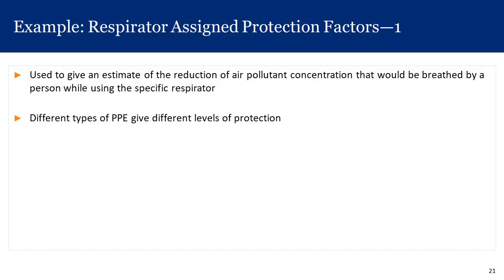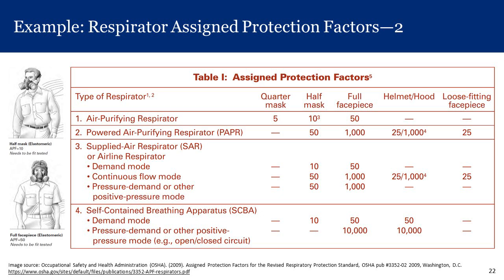Another example that I want to point out, as I mentioned in the prior slides, is that when we talk about respirators, there are assigned protection factors. And the key thing I want to use this as an example for is that different personal protective equipment has different protective factors. Some are better than others. And you can clearly see this.